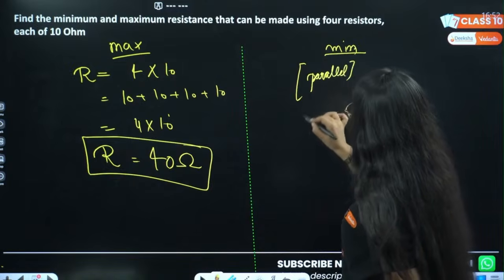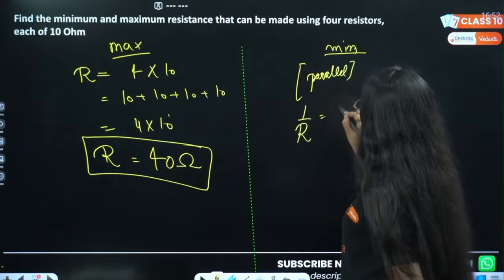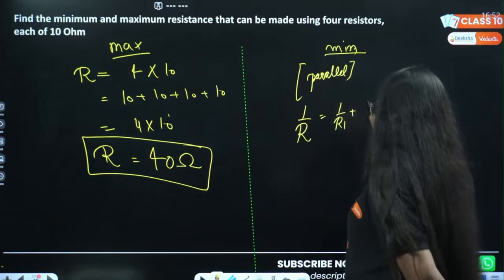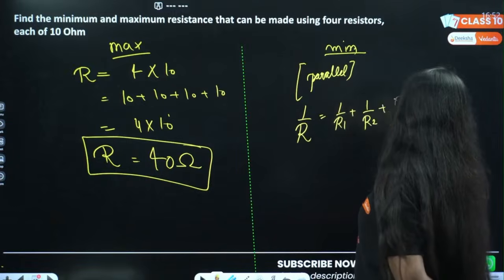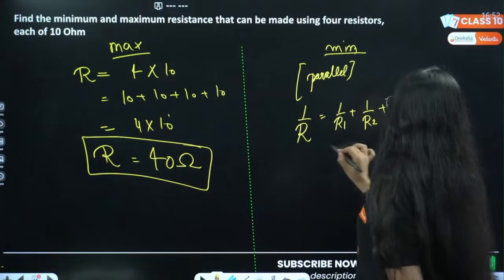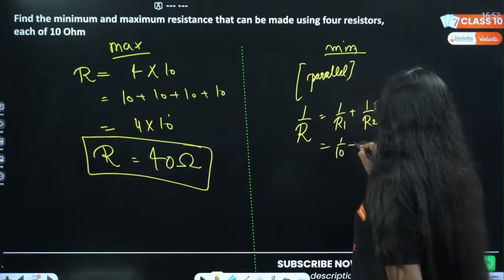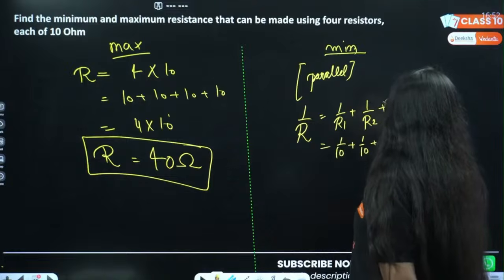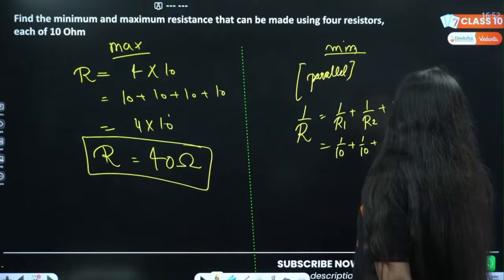ठीक है? So 1 by R equals 1 by R1 plus 1 by R2 plus 1 by R3 plus 1 by R4. That means 1 by 10 plus 1 by 10 plus 1 by 10 plus 1 by 10.